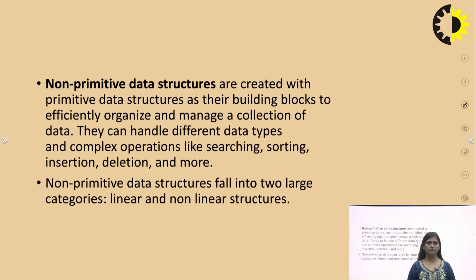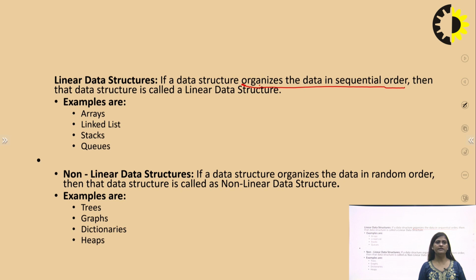Non-primitive data structures are created with primitive data structures as their building blocks to efficiently organize and manage a collection of data. They can handle different types and complex operations like searching, sorting, insertion, deletion, etc. Non-primitive data structures fall into two large categories, linear and non-linear. Means non-primitive data structures are those which are built with the help of primitive data structures.